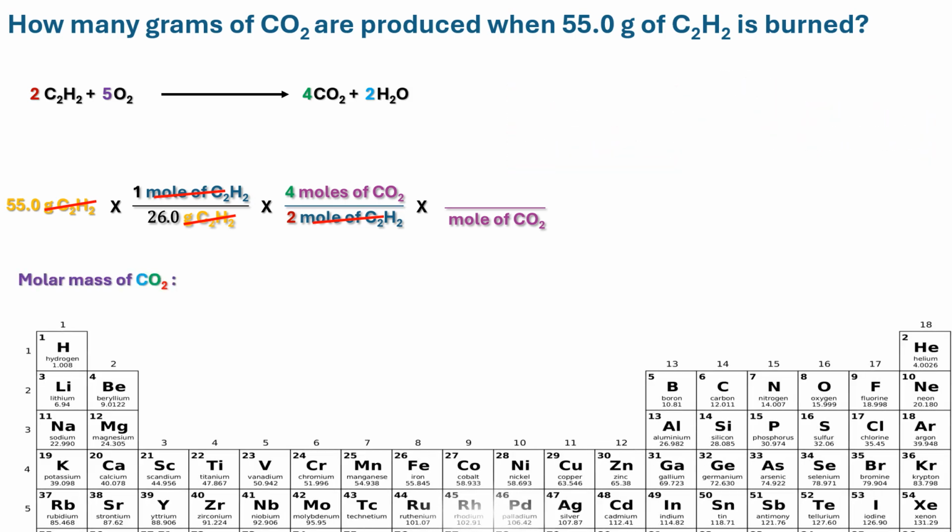So we have one carbon, and this carbon weighs 12 grams, plus we have two oxygen, and each oxygen weighs about 16 grams for a total of 44 grams per mole. That's the molar mass of carbon dioxide.